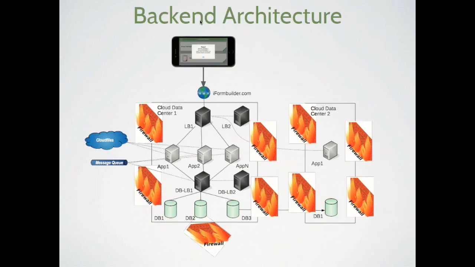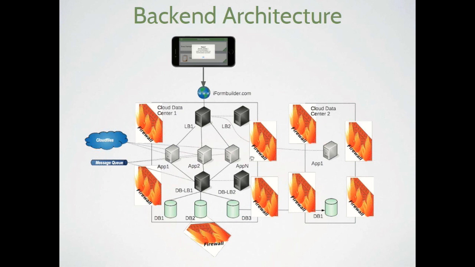Just to visualize that, as of now, we have all of those environments in one data center. There's a backup option, but that is not a full-blown backup option. It's just a couple of servers.